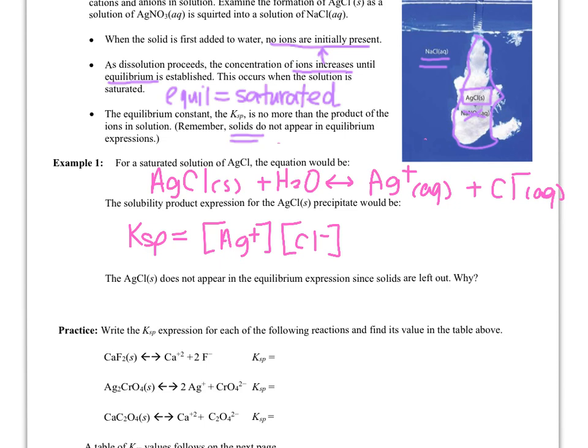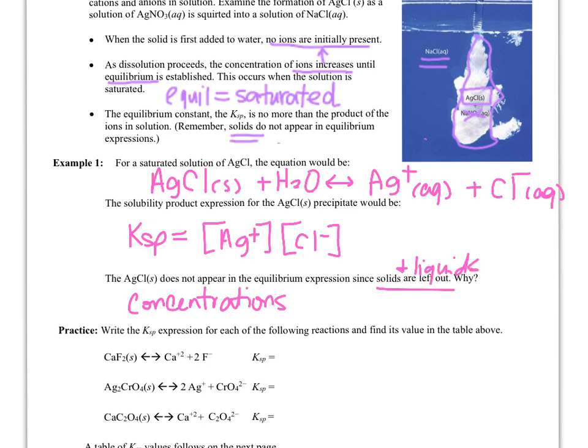So we talked about that in general equilibrium. Solids are going to be left out because their concentrations, right, do not change appreciably. And that's the same for solids and liquids, I guess, would be a better way to say, like water, right?